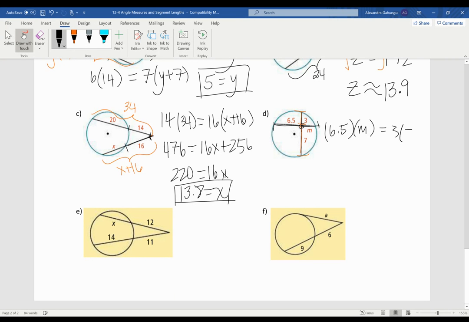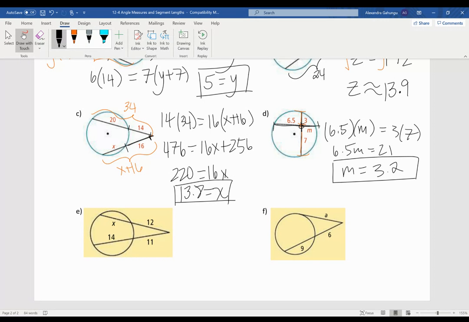So 3 times 7. So 6.5m equals 21. And we are looking to round to the nearest tenth, so it's 3.2. So we're just looking for that part.